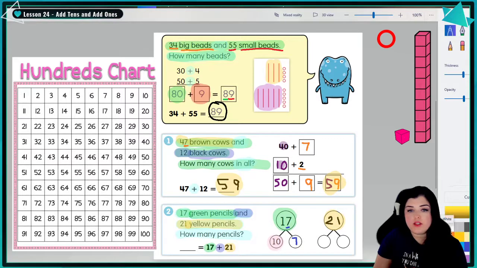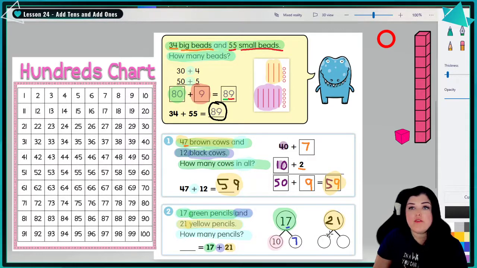Then when I look at the number 21, how many groups of 10 in the number 21? Look at your tens place. There are 2 groups of 10.